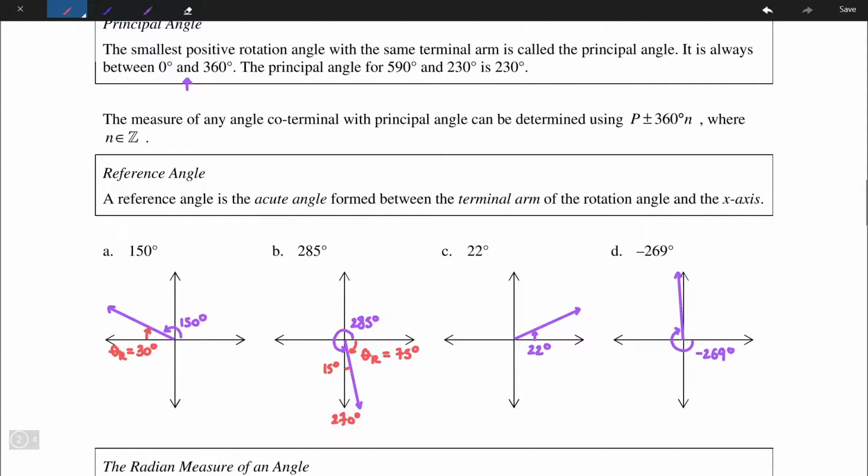But quadrant 4 has to form a right angle, so if we take 90 minus 15, we get 75. Okay, 22 degrees. The reference angle is just going to be 22 degrees as well. And finally, the last one. Notice that it is 1 degree short of negative 270, so the reference angle in this case is going to be 89 degrees.